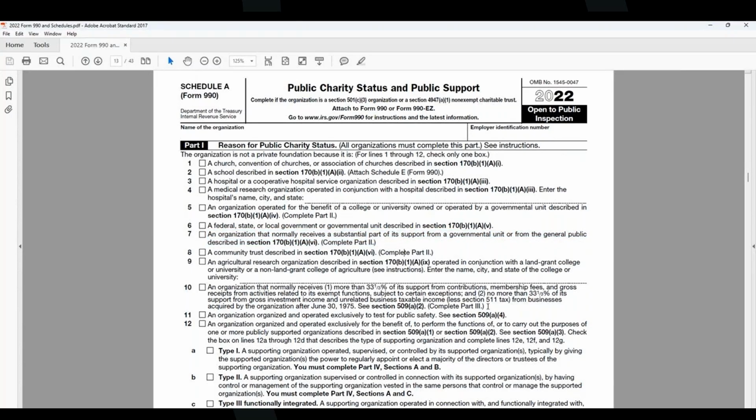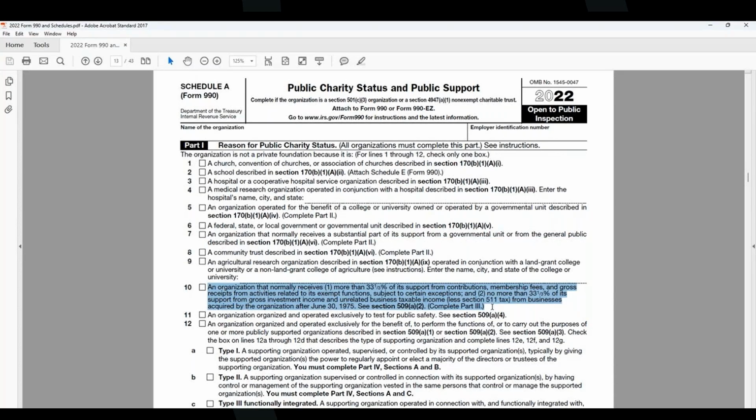So charities that only need to count their actual donations fill this out and meet this test. There's an optional one down below on line 10, where if you're a charity that has 33% from donations, program fees, membership fees, etc., you can count those fees to meet the test. There are some restrictions on that test you have to be careful of, but you can meet either one of these.